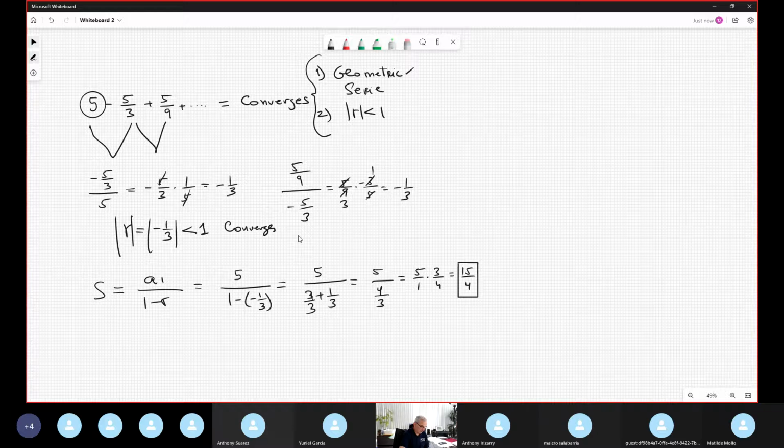Next is a little bit crazy, because this was number 14. Number 15 is 13 plus 17 plus 19 plus 21. Is this an arithmetic sequence?